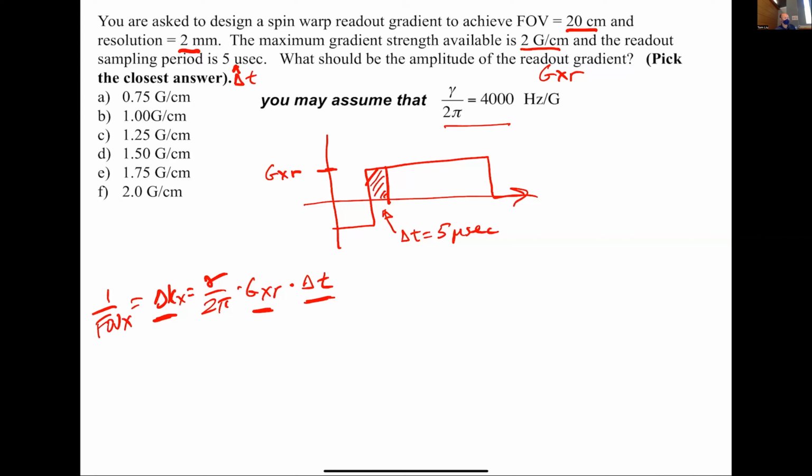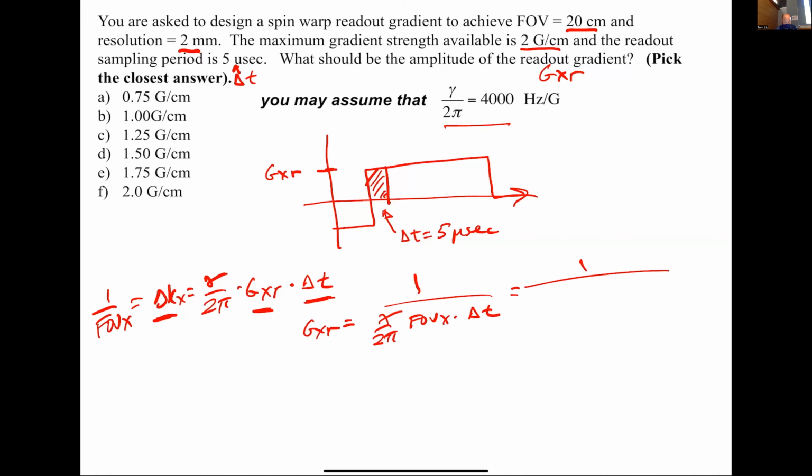Now we just solve, and it says closest answer because the answer we get may not be doable, but we're going to solve for it anyway. So GXR equals 1 over gamma over 2 pi, times field of view x over delta t. Let's do that.